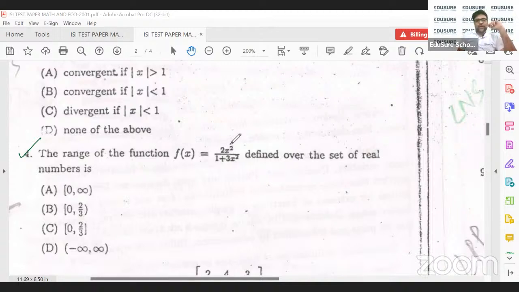Find out the range of 2x square by 1 plus 3x square. देखते हैं. First approach, observation. Okay.